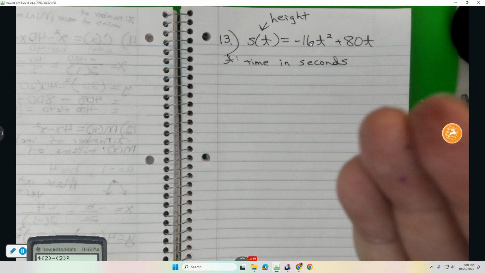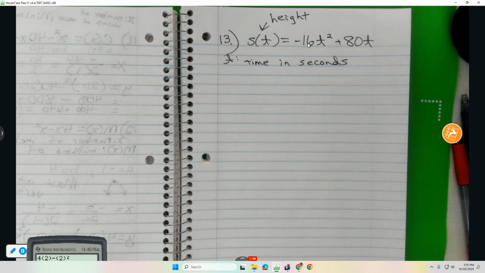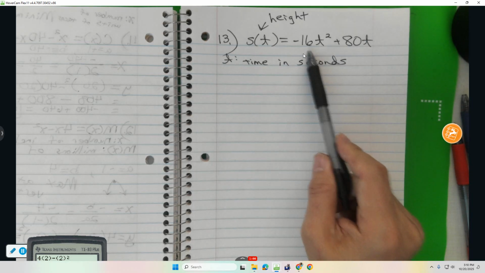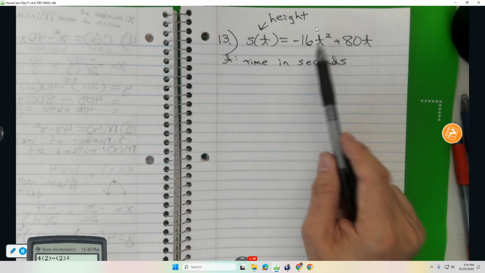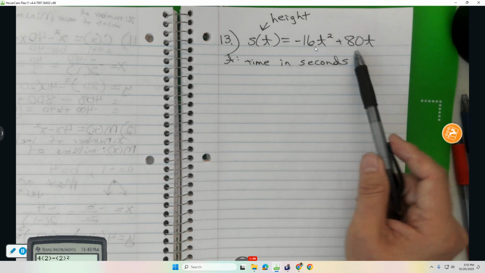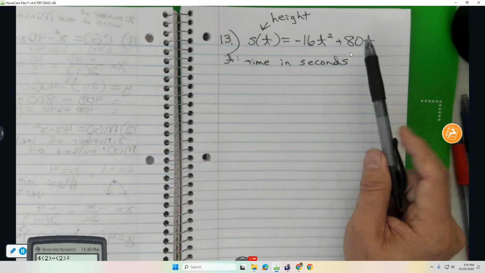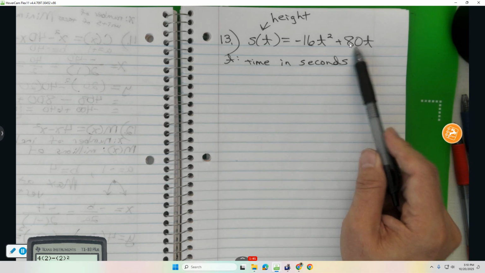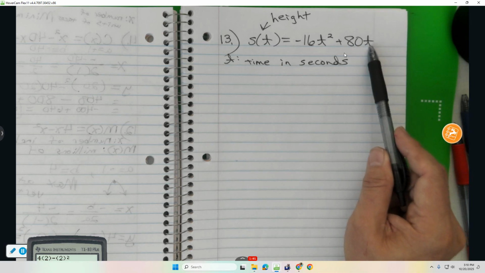Then it comes back down. That negative 16t squared is a result of the acceleration of gravity, 32 feet per second per second. This 80 times t, it's thrown initially at a rate of 80 feet per second. Distance equals rate times time. That's what that 80 times t is.